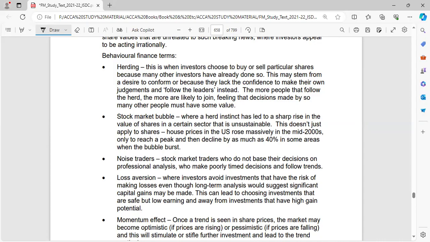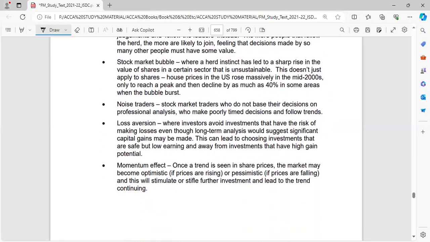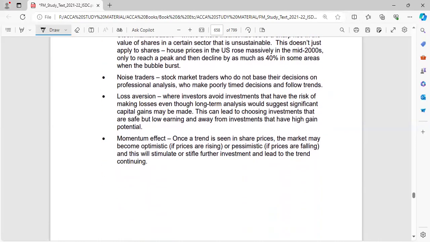Then noise traders: a few traders are the ones who create noise in the market. Due to their noise, a few investors will be convinced to make investment or to sell investment. Loss aversion, where investors avoid investment that has the risk of making loss, even though long-term analysis would suggest significant capital gain.